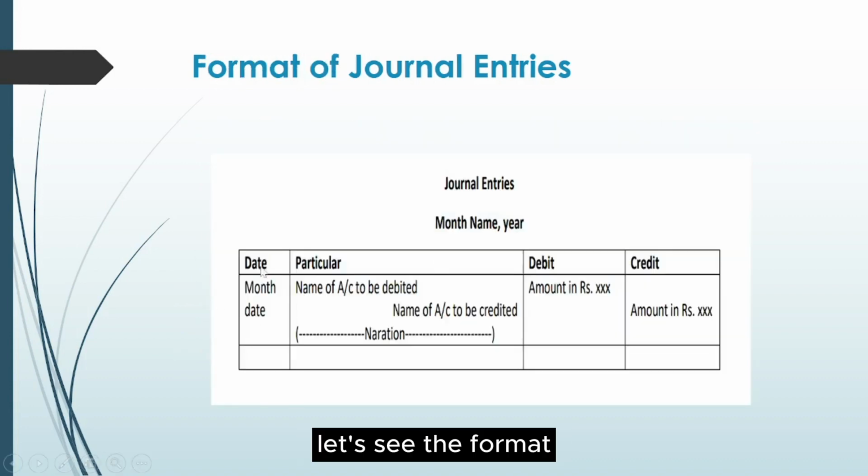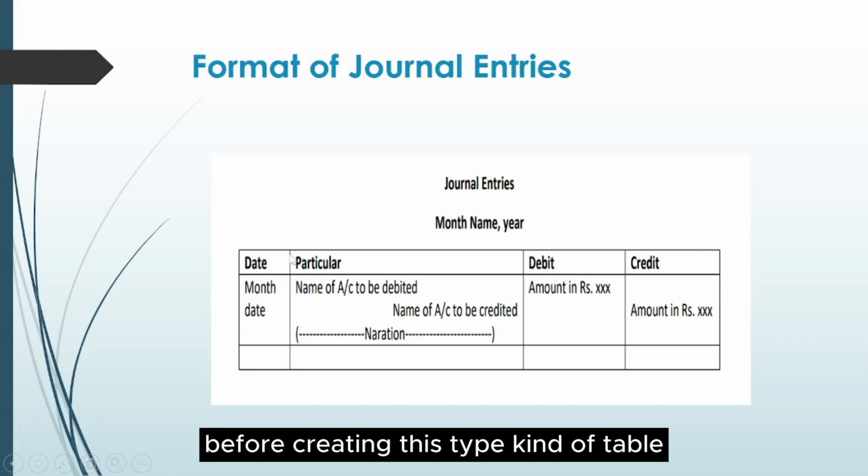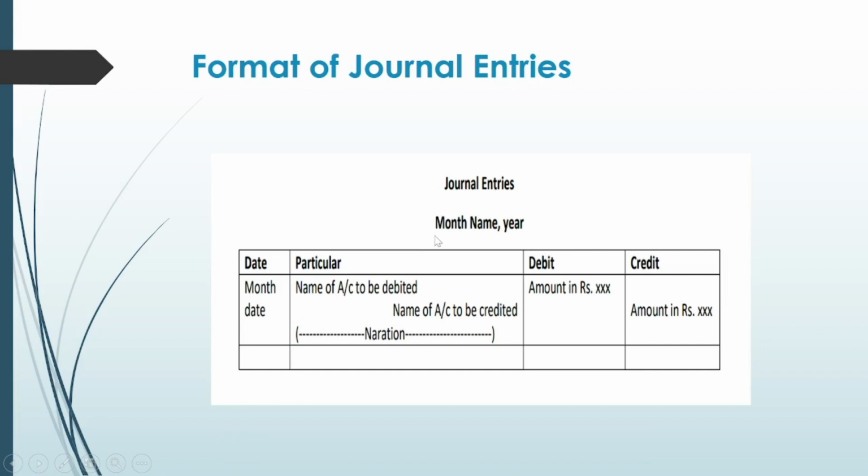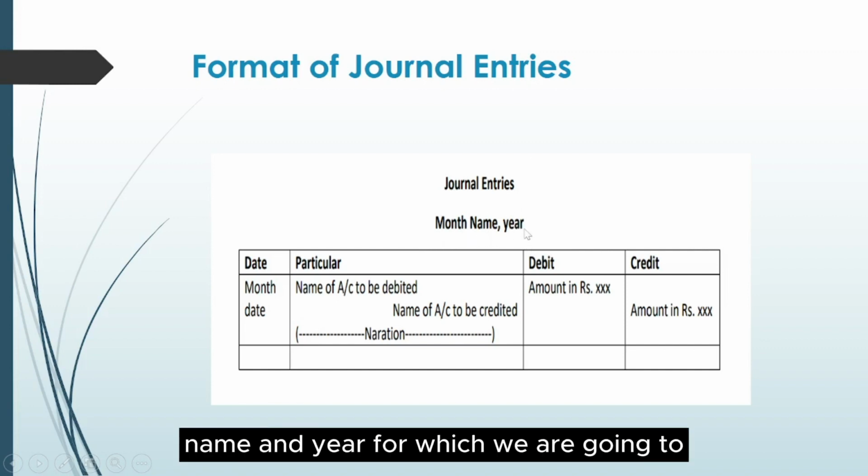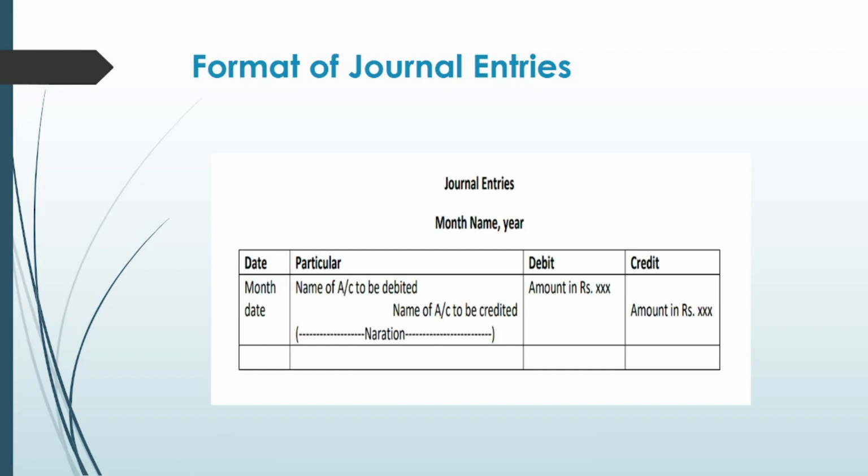Let's see the format. We have to make four columns. The first column is date, the second one is particular, the third one is debit, and the fourth one is credit. Before creating this kind of table, we have to mention journal entries, and mention the month, name, and year for which we are going to record the journal entries. In date, we type month date.